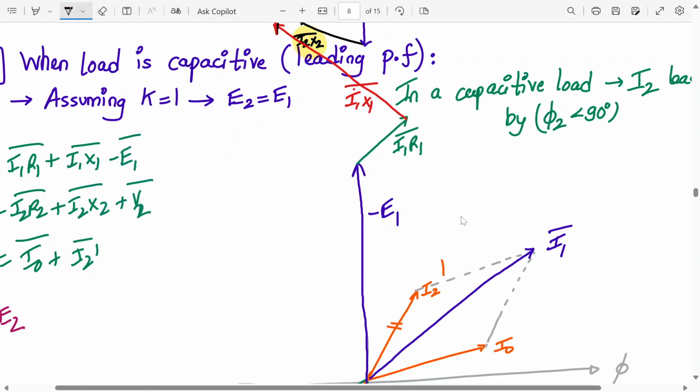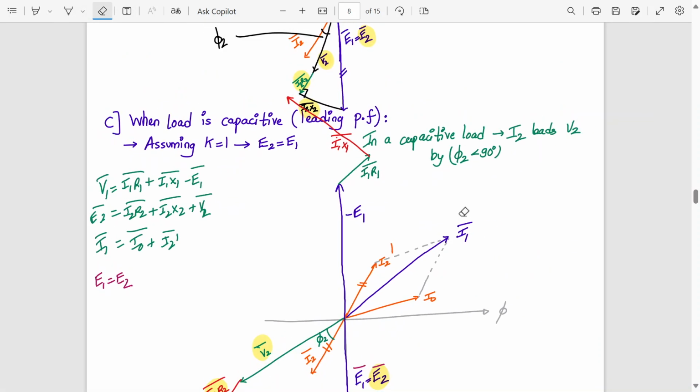Let me use black color. We start from here. I have to draw an almost straight line, so please draw it perfectly in your case. In my case, it will take some extra effort to draw a straight line.